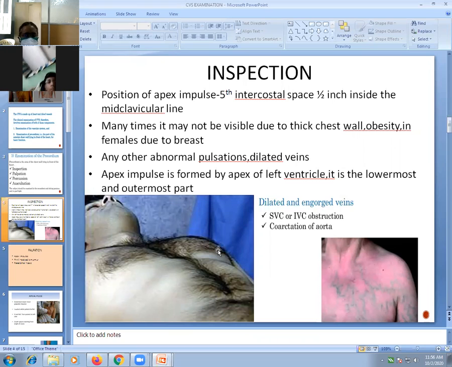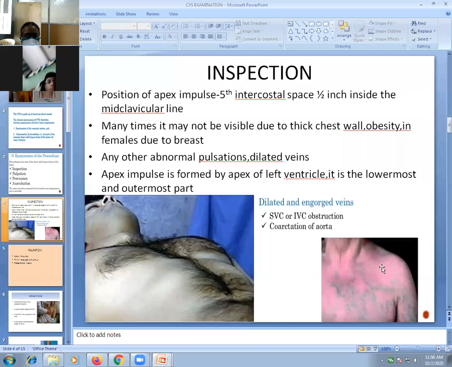Then your second point, after the apical impulse: any other abnormal pulsations, and any dilated veins visible over the chest. For example, these are engorged, dilated veins over the chest.